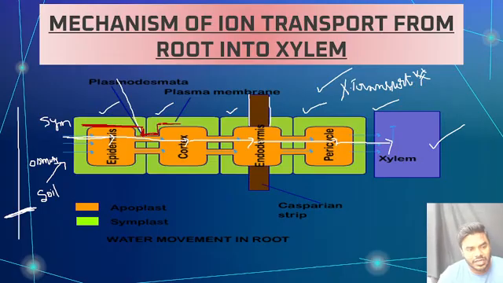It will cross the cortex through the cell wall and intercellular space. But friends, once they reach the endodermis, do you think they will transport? Never ever. They can't transport.